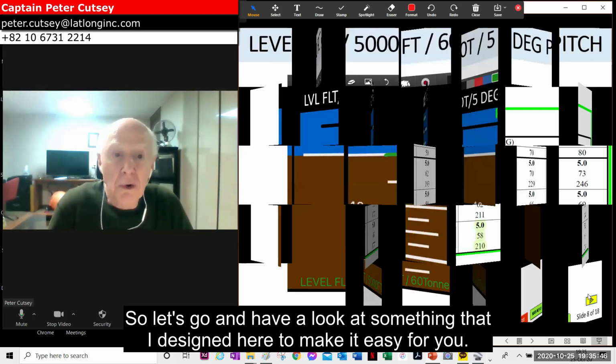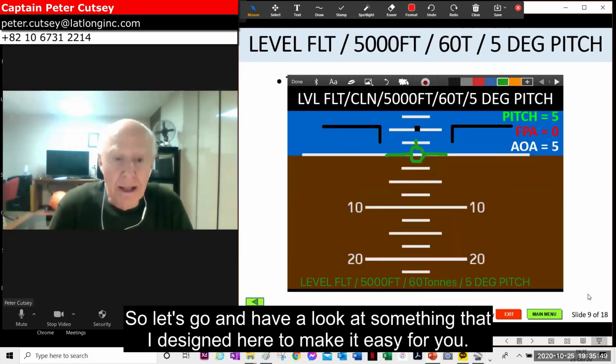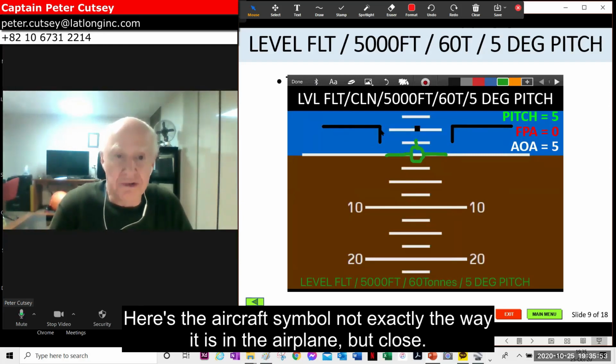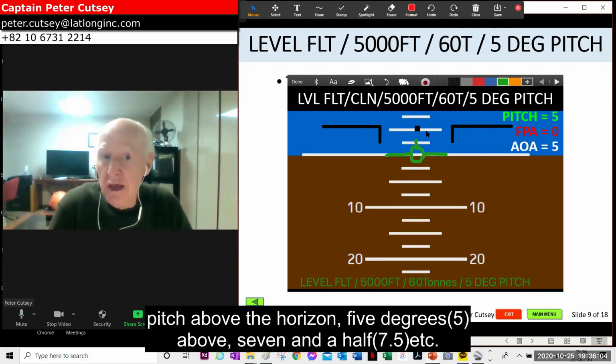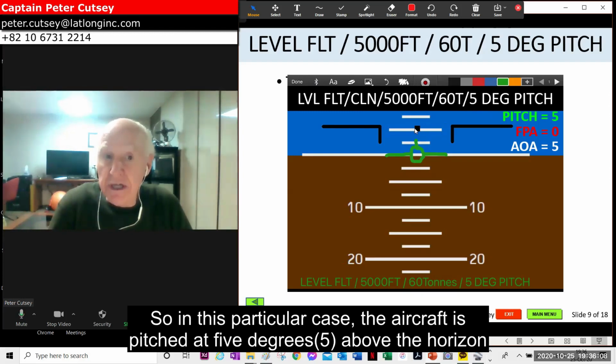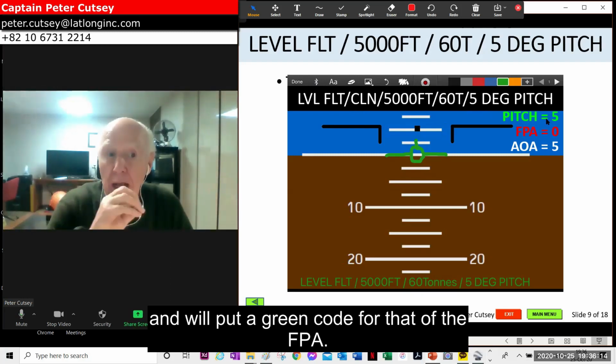So let's go and have a look at something that I designed here to make it easy for you. Here's the aircraft symbol, not exactly the way it is in the airplane, but close. Each of the white pitch scales represents 2.5 degrees of pitch above the horizon, 5 degrees above, 7.5, etc. So in this particular case, the aircraft is pitched at 5 degrees above the horizon, and we'll put a green code for that.